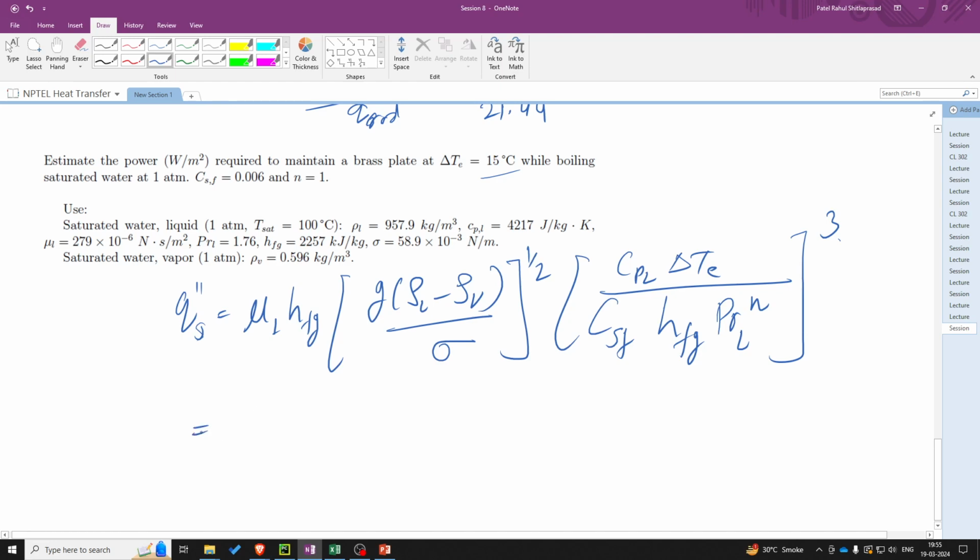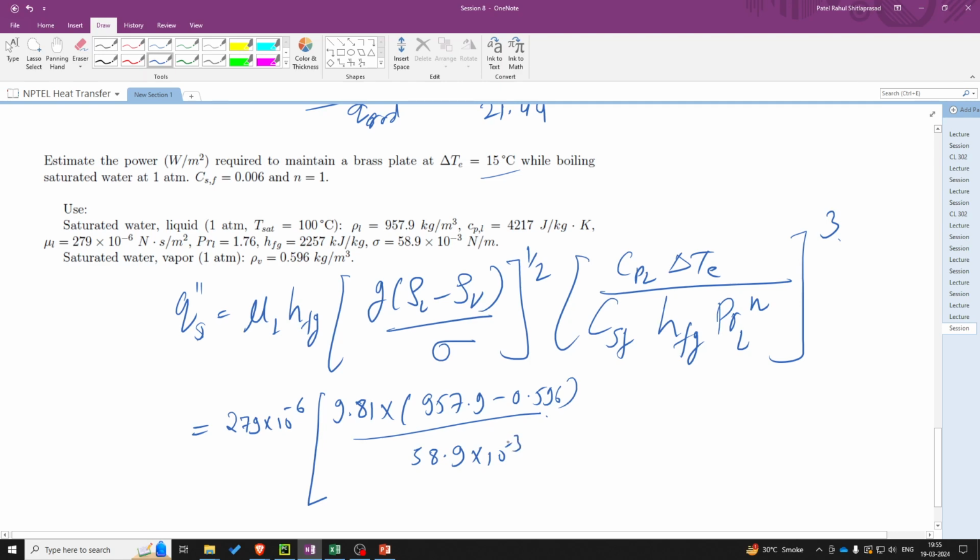So let's try to solve this. The viscosity of the liquid, that is mu L, is given as 279 into 10 raised to minus 6. Then the terms corresponding to buoyancy are given as 9.81 into (density of liquid 957.9 minus 0.596) upon sigma, the surface tension, given as 58.9 into 10 raised to minus 3, to the power 1/2.